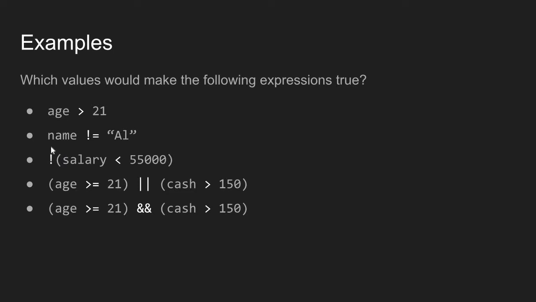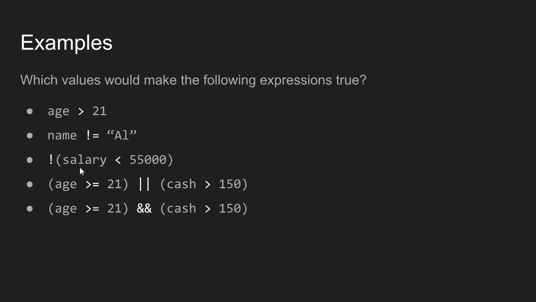Here we have NOT salary is less than 55,000. So before we work on this NOT operator, let's look at the inside. We want to find out when the expression is true. So this expression is going to be true when the inside expression is false, because NOT false would produce true. So let's look at what values would produce a false in salary less than 55,000.